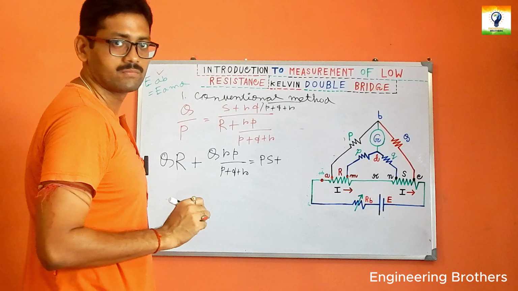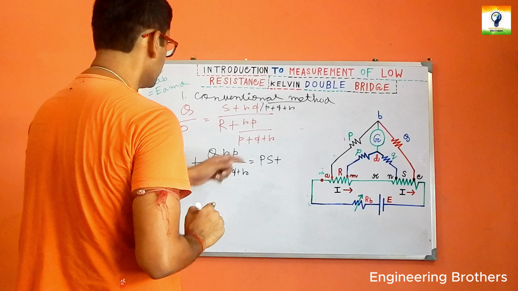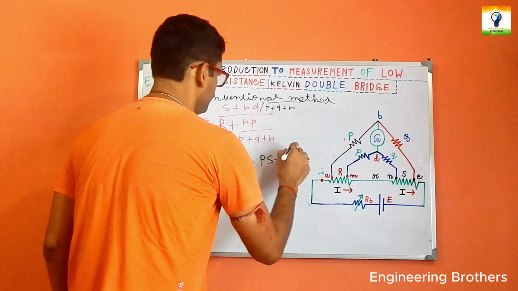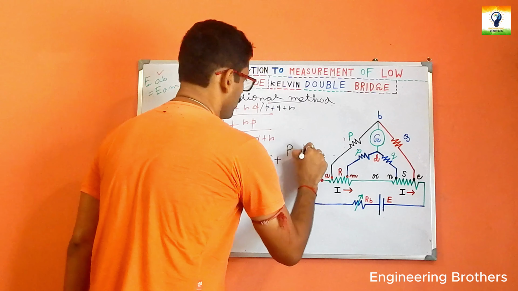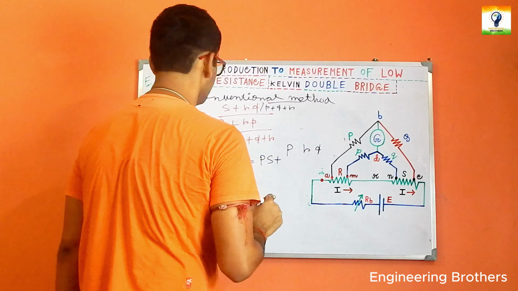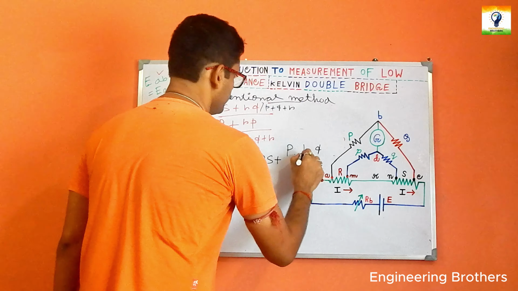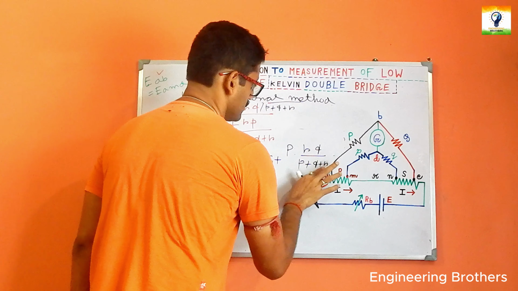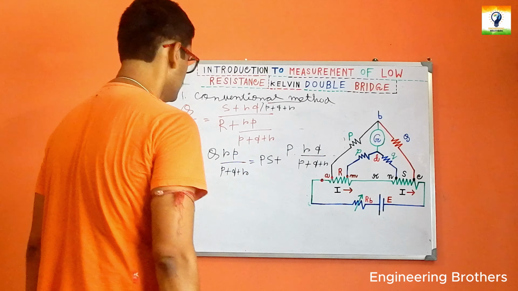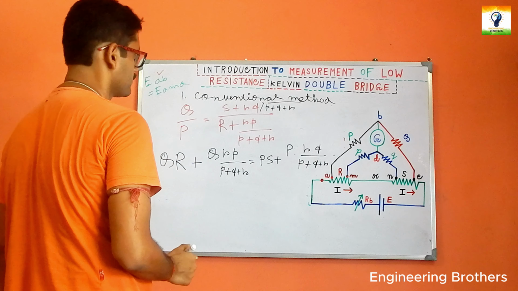So for that one, we have the p, ultimately small r q divided by small p plus small q plus small r. This will be our formation.